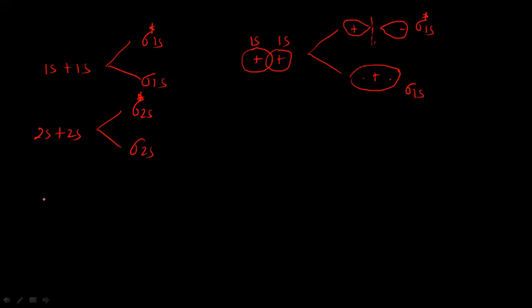Now let us take the 2p orbitals. There are three 2p orbitals: first 2px, then 2py, then 2pz. Actually, all the p orbitals have the same energy level.